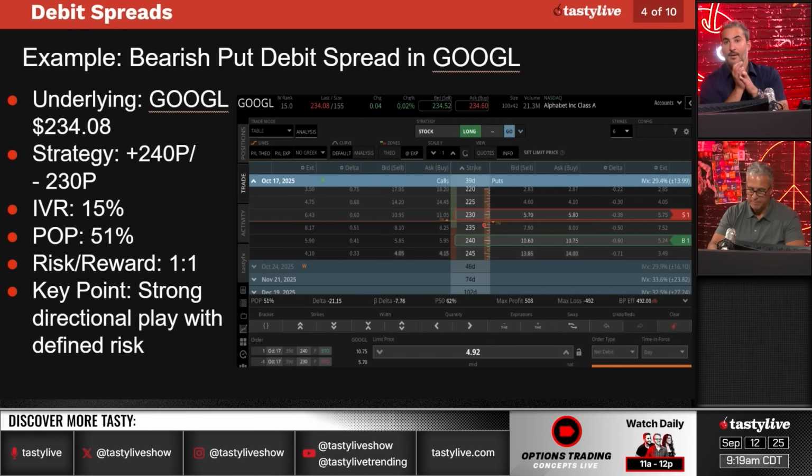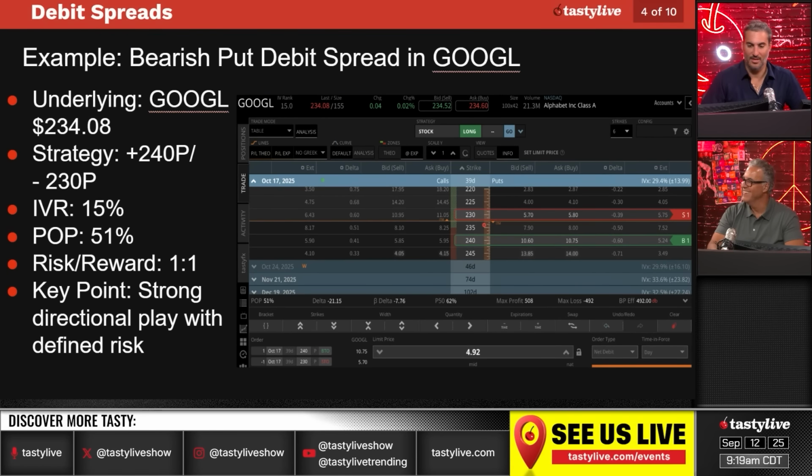Next slide, please. The example they're putting in is that the research team is bearish on Google. Where are we trading at right now? Google, 239, down a dollar and change. They were looking at this yesterday or the other day, when it was at 234 and change. So you'd be doing a long put at 240 and then selling the 230 put.